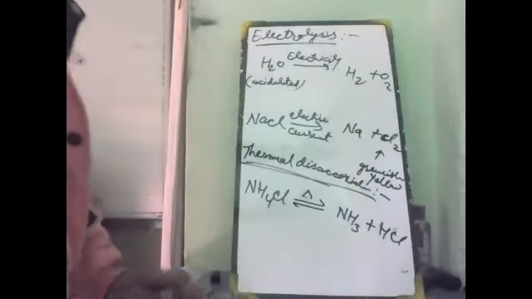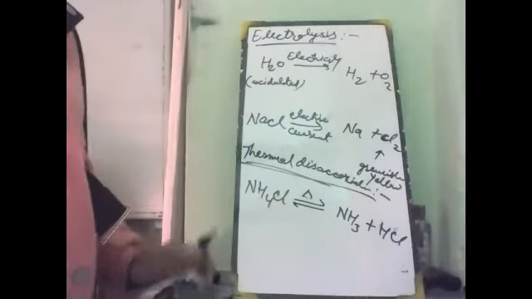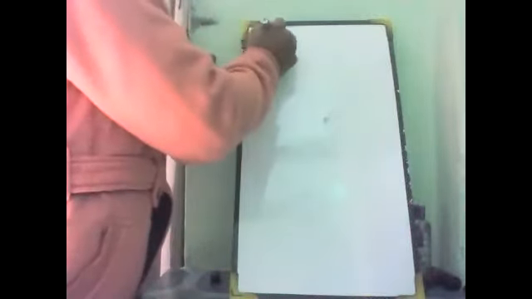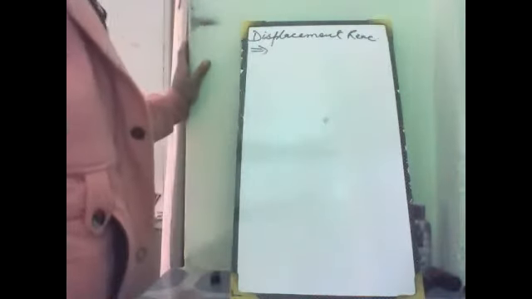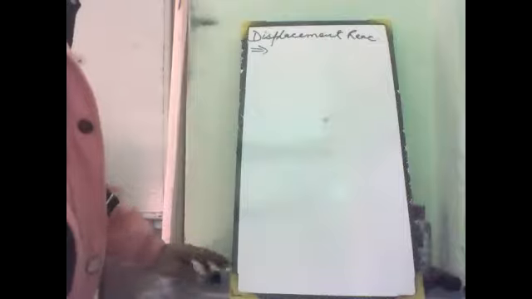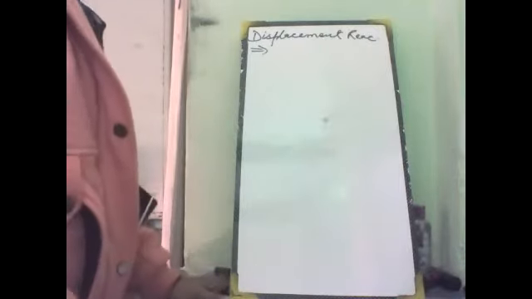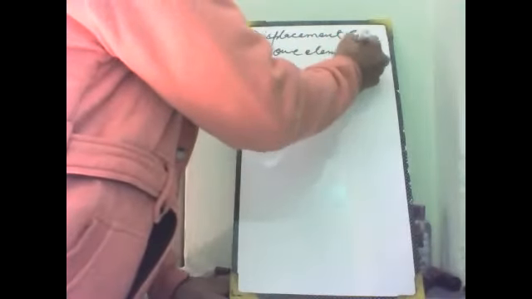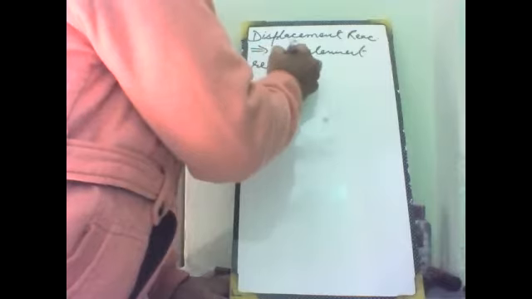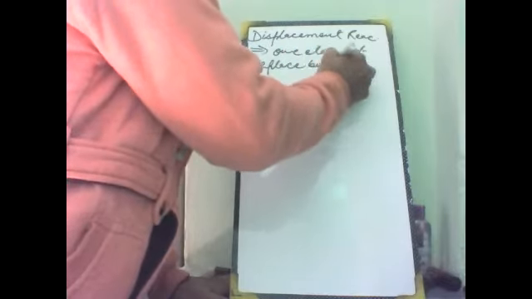Now the third type of reaction is the displacement reaction. It is a chemical reaction in which one element is replaced by another element.